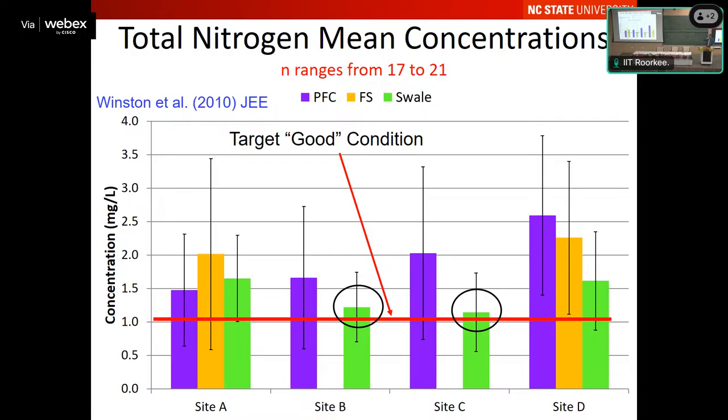Well, I'm going to tell you why I wasn't surprised. What did we talk about in the pollutant removal lecture? We talked about denitrification. Denitrification occurs where you have aerobic zones and anaerobic or anoxic zones in close proximity. So wetlands provide that close proximity, right?